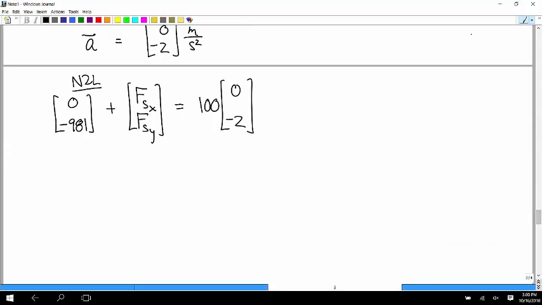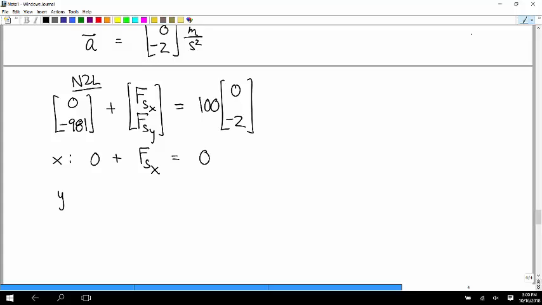And we can break this up into two equations. The x equation says 0 plus Fsx is equal to 0. The y equation says negative 981 plus Fsy is equal to negative 200.